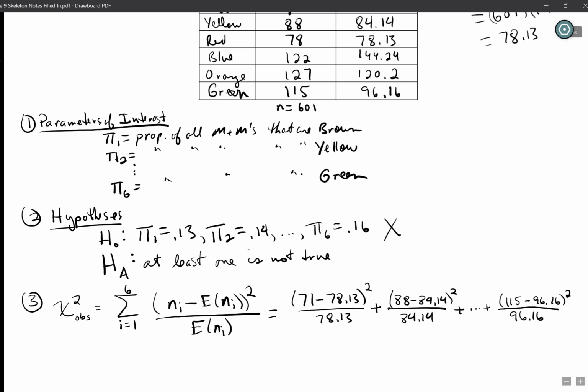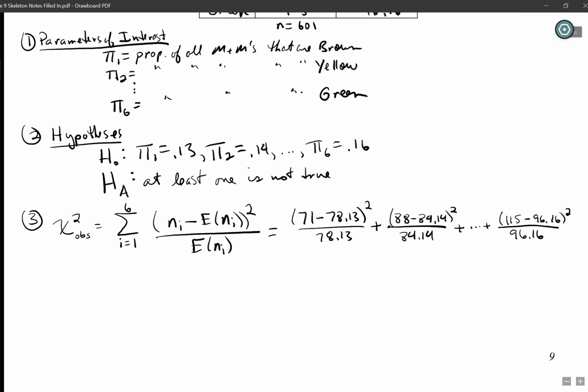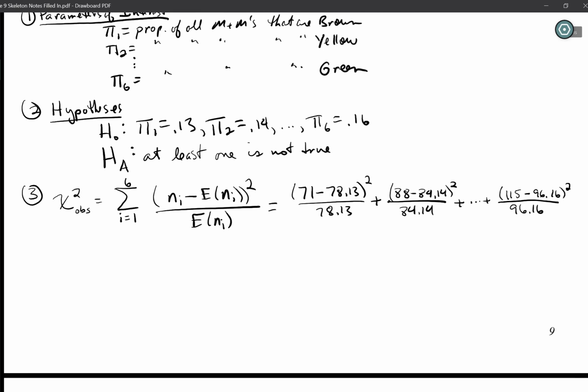But let's compute the test statistic to be sure. If you compute that test statistic, you would get 8.33.